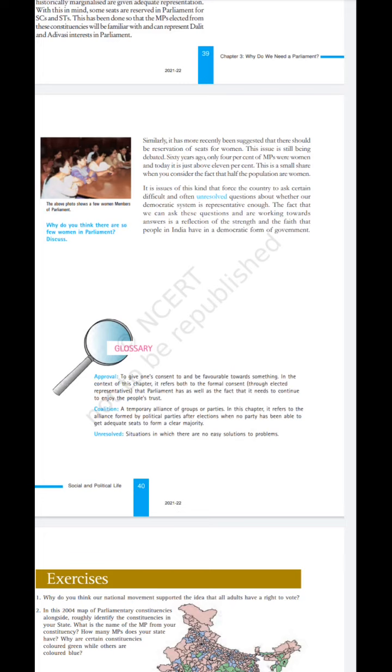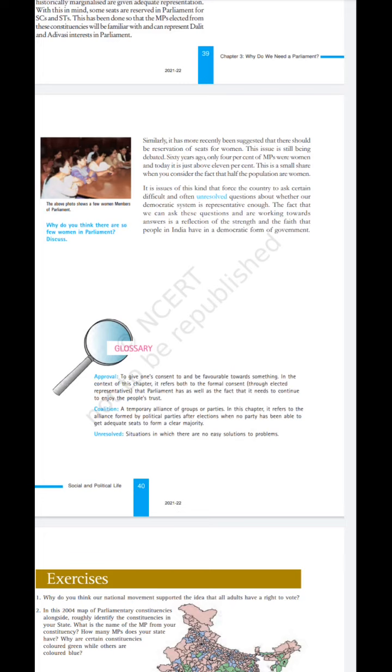It is issues of this kind that force the country to ask certain difficult and often unresolved questions about whether our democratic system is representative enough. The fact that we can ask these questions and are working towards answers is a reflection of the strength and the faith that people in India have in a democratic form of government.